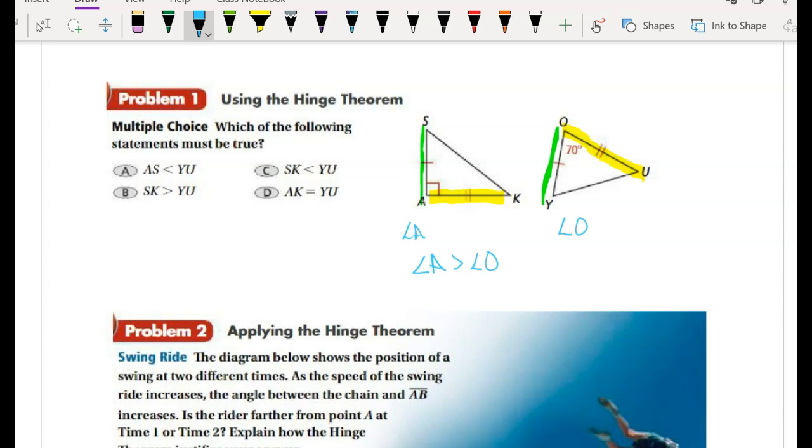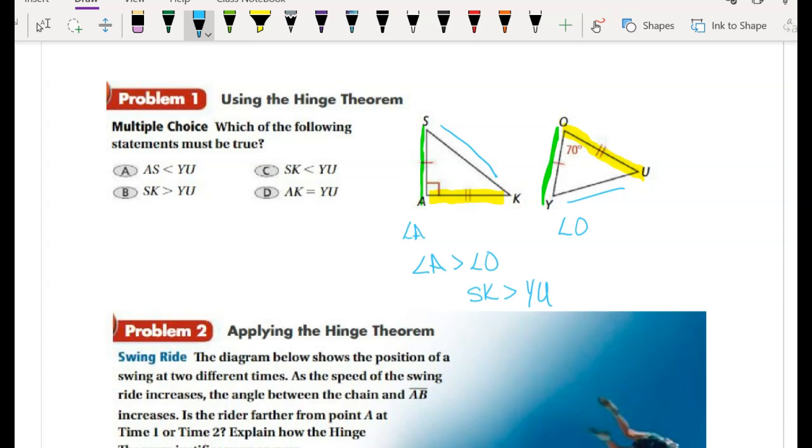So it wants to know which side is longer. Well, I know that SK is longer than YU. So I know this side is longer than this side. So let's go see what my choices are.